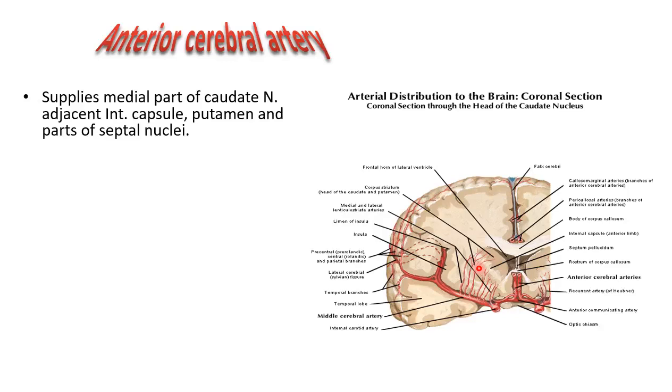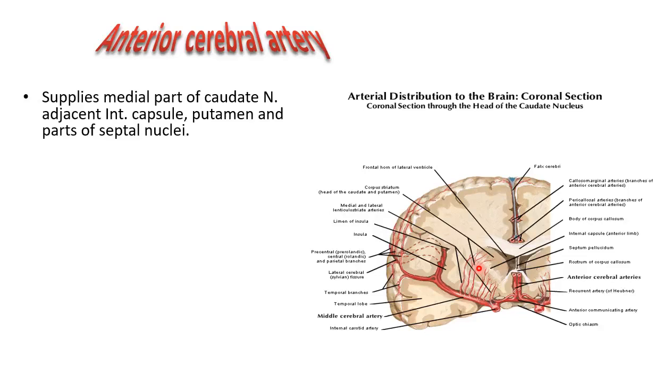You know what the septal nuclei are now, which are present in the septal region. In the last lecture on the limbic system, you would have come across the septal nuclei, which mainly receive projections from the amygdaloid nucleus.